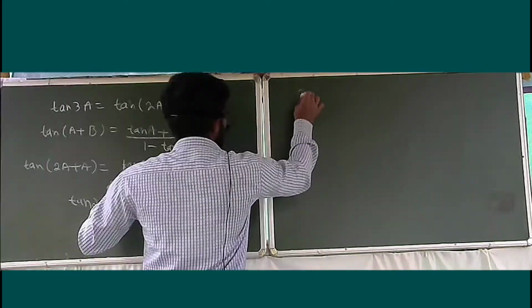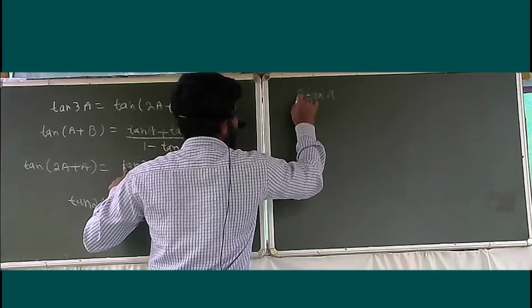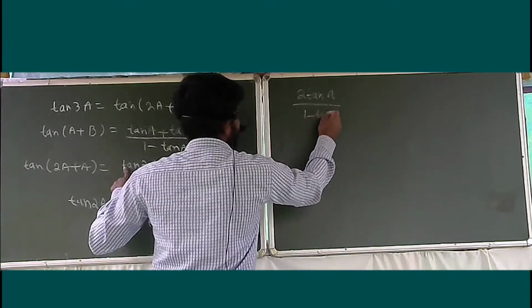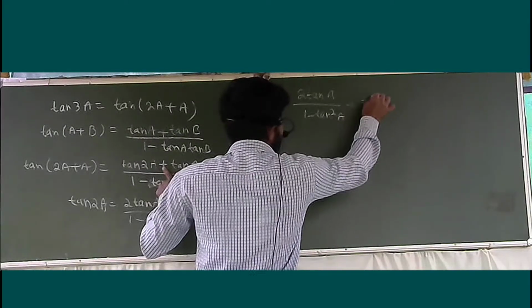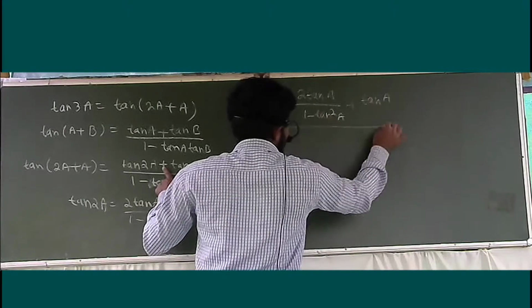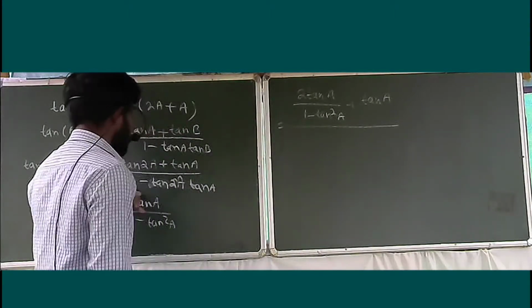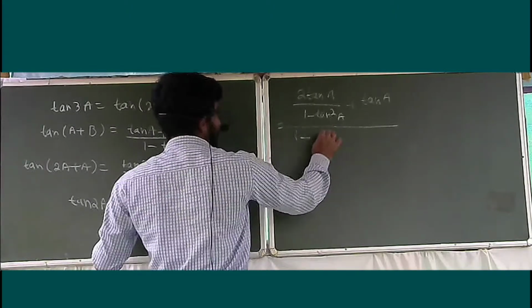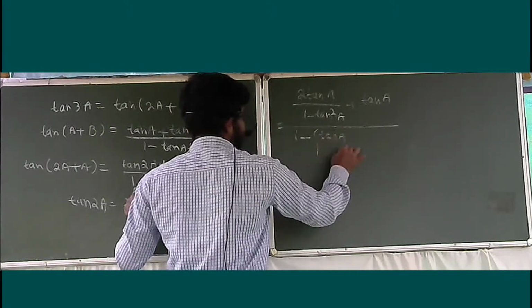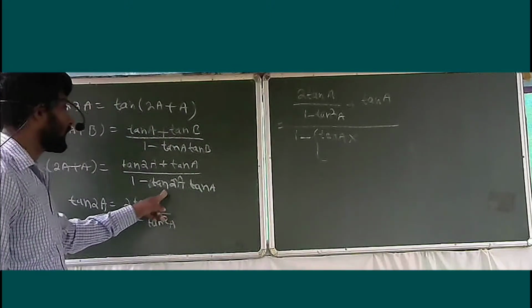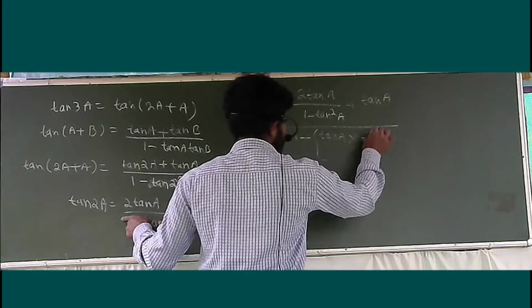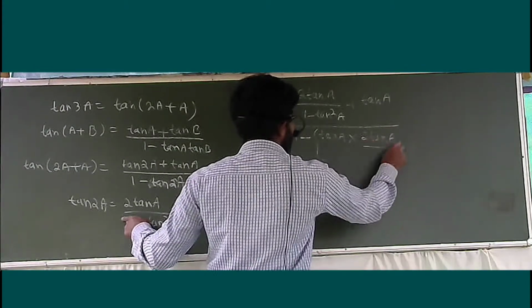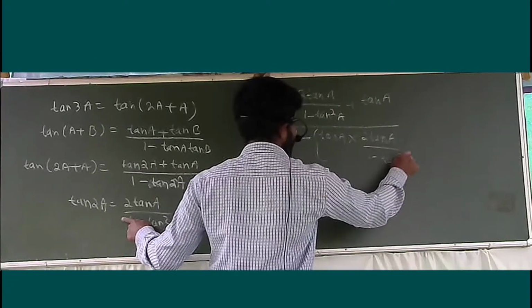In the next step, substitute tan 2a: 2 tan a divided by 1 minus tan square a, plus the remaining term tan a, the whole sum divided by 1 minus tan a into tan 2a. What's the value of tan 2a? Tan 2a value is 2 tan a divided by 1 minus tan square a.